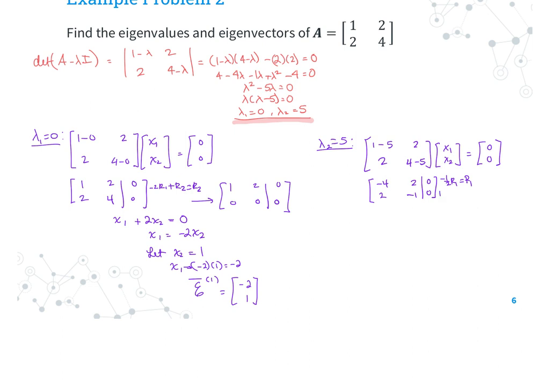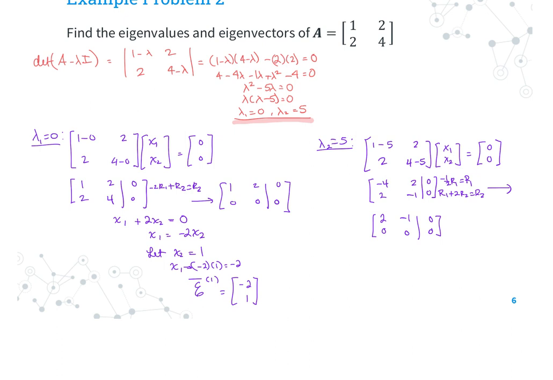And we're going to say row 1 plus 2 row 2 is our new row 2. And when we do that, we find out that we have 2, negative 1, 0, 0, 0, 0. Oh, whoops, sorry, I missed a sign, negative 1.